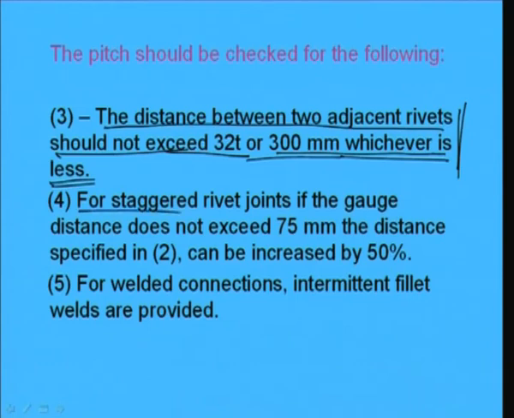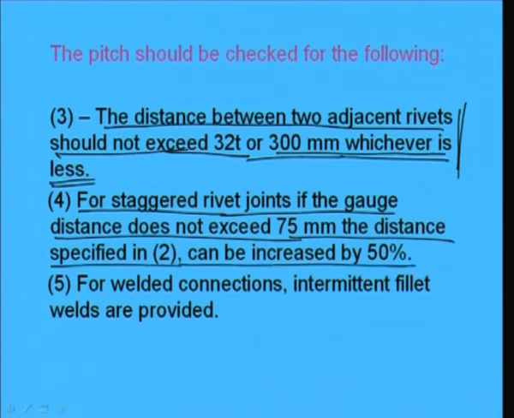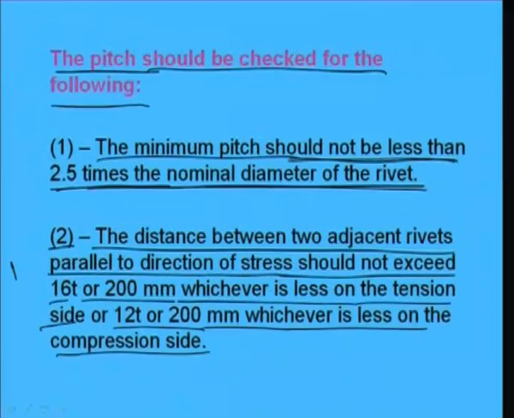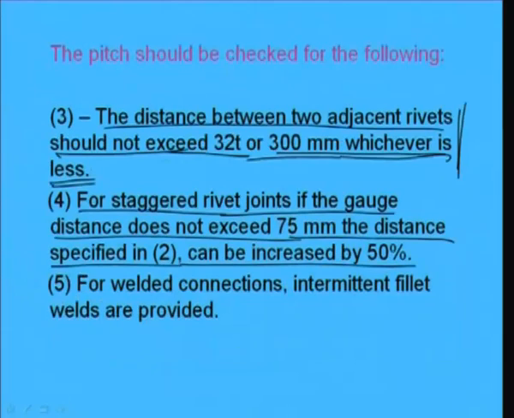Another is for staggered rivet joints, if the gauge distance does not exceed 75 mm, the distance specified in 2 can be increased by 50%. Specified in 2 means this one. Here we specified the distance, so that can be increased by 50%, right.